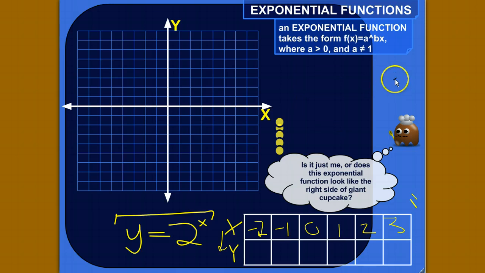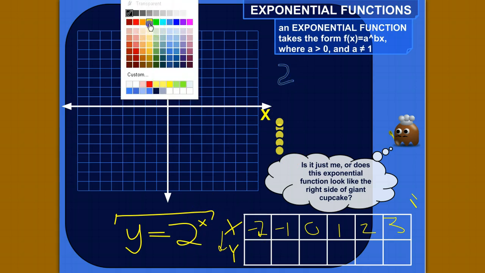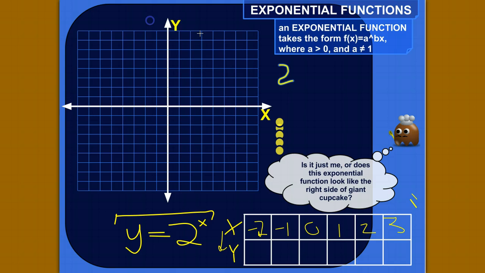So we're plugging in negative 2 for x, so this part of it would become 2 to the negative second, which is the same thing as 1 over 2 to the positive 2.